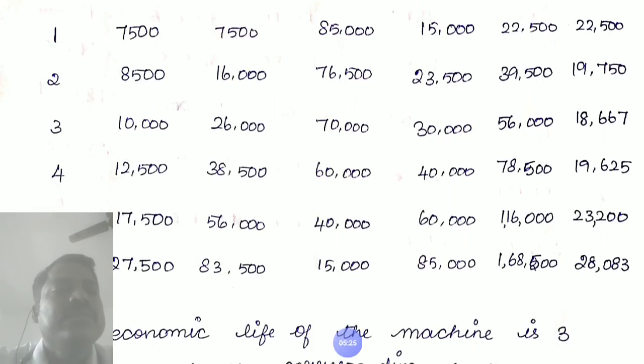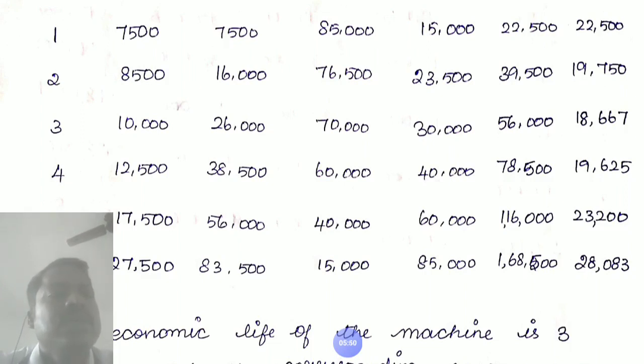The fifth year average total cost is 23,200, which is greater than the fourth year. Then the sixth year is greater than the fifth year and the fourth year.